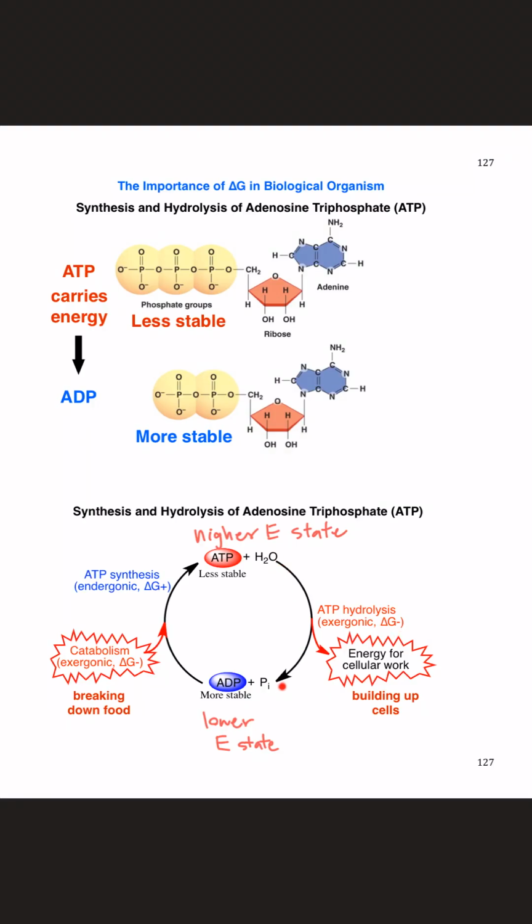Because this process is spontaneous, it's going to produce energy, and this energy can then be used in cellular work, for example, building up cells or repairing cells. The idea of spontaneity helps us understand that when something is non-spontaneous, it requires energy to drive the forward reaction to occur. But something that is spontaneous is going to produce energy.